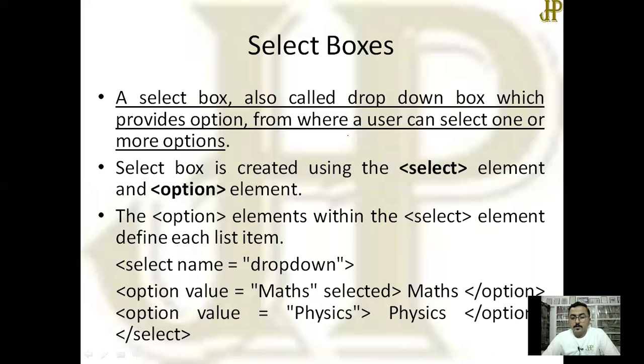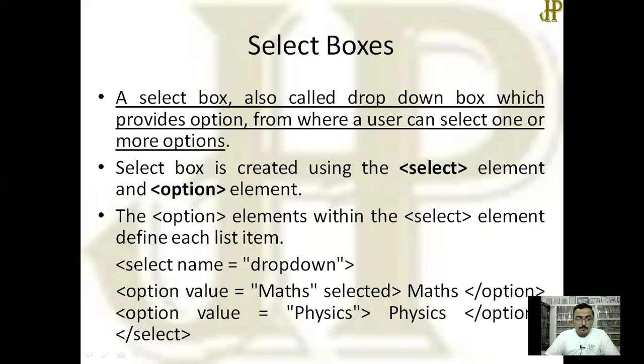Clear? So how is it to be achieved? With the help of the select tag. And within the select tag, you have to supply an option tag for each value. Clear?